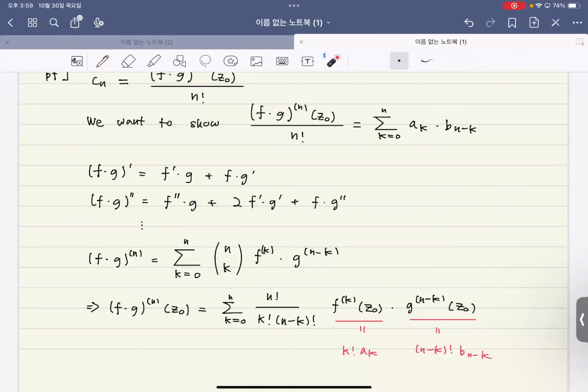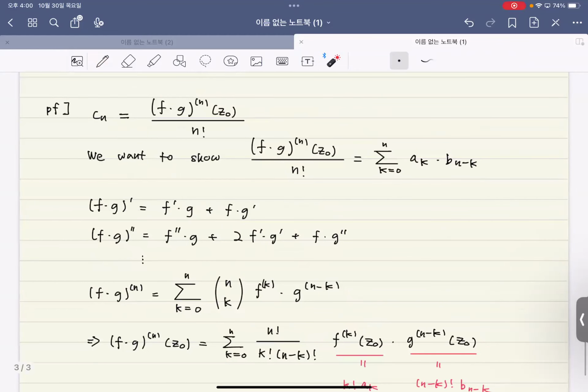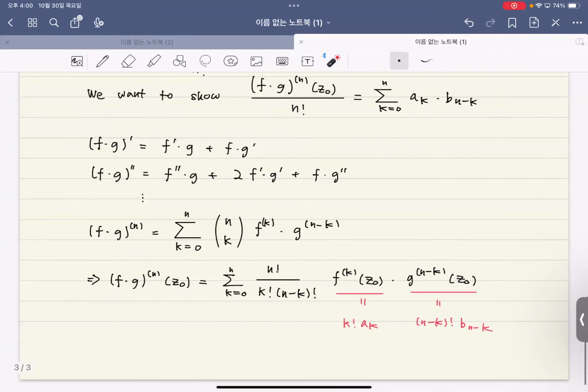Simplifying them together, these numbers get canceled by the denominator, and the n factorial has nothing to do with the index k, so it can be taken out of the summation. Then you can easily show that this is true.